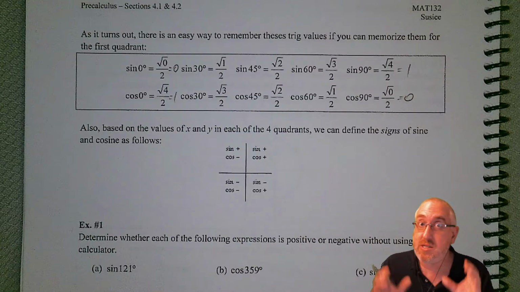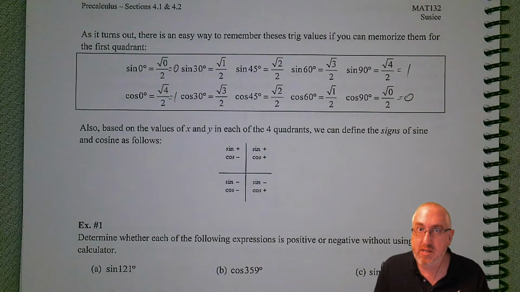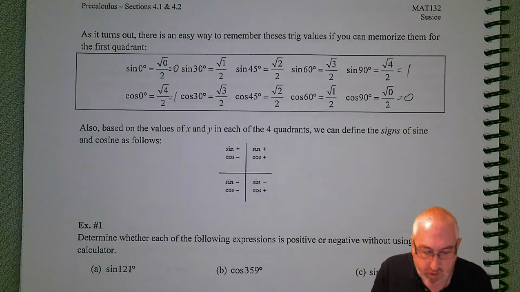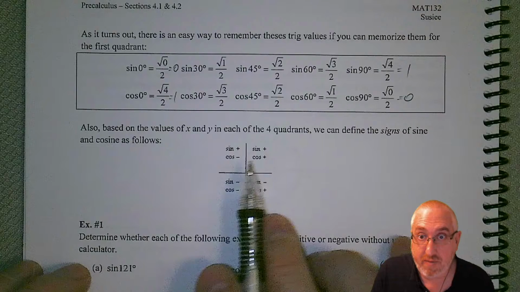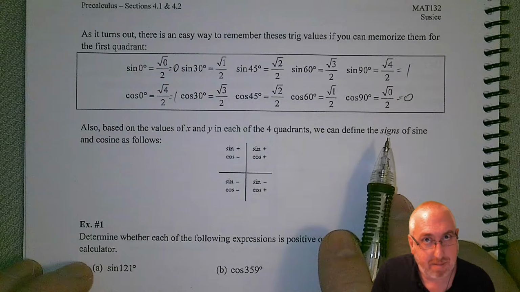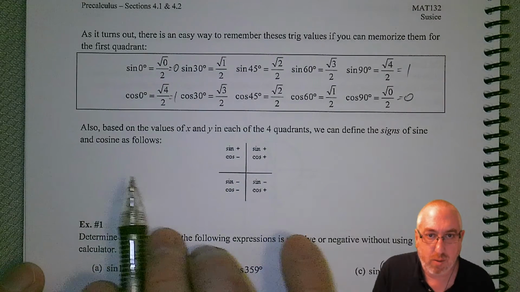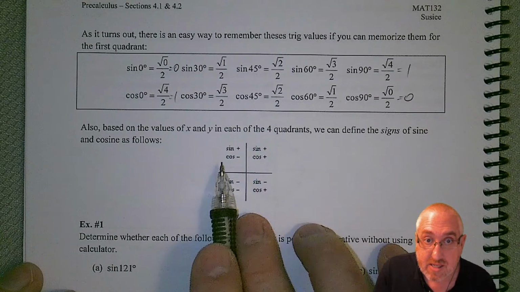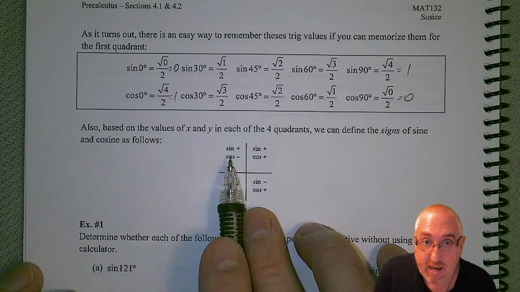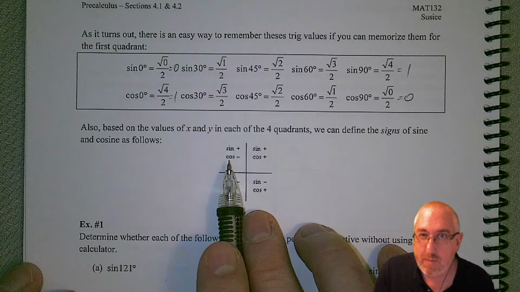Okay, so that's just the first quadrant. Everything is positive in the first quadrant, but what happens in the other quadrants? The other quadrants have different signs of sine and cosine, as follows. Sine and cosine are positive in the first, sine is positive in the second, but the cosine is negative.